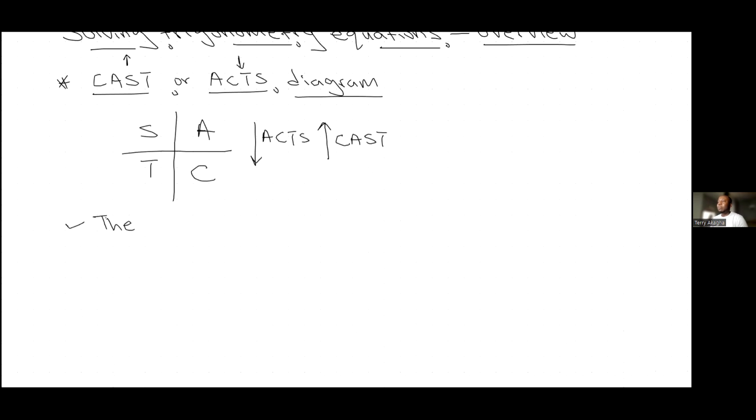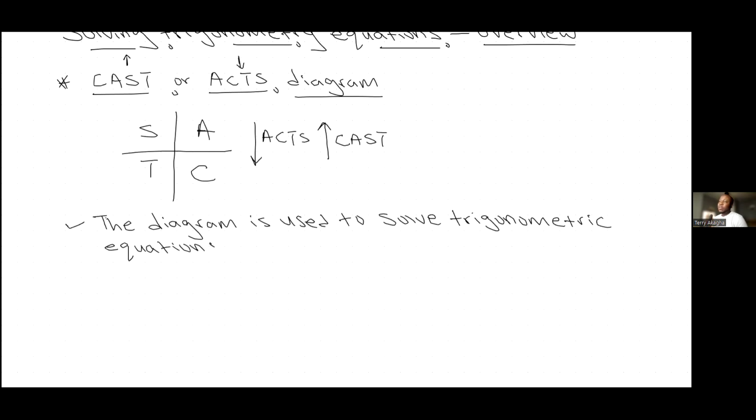So the diagram is used to solve trigonometric equations.